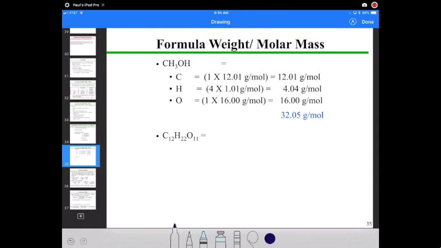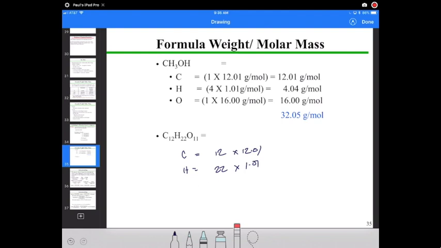Okay. To calculate, carbon, 12 times 12.01. Hydrogen, I have 22 times 1.01. And oxygen, I have 11 times 16. Nope, let me go back. I'll erase it.